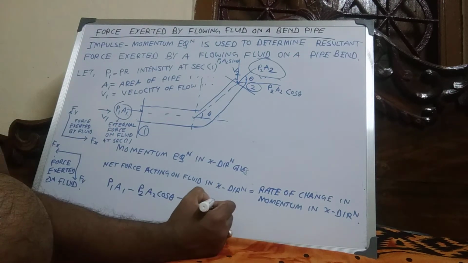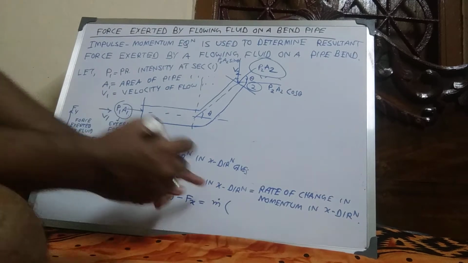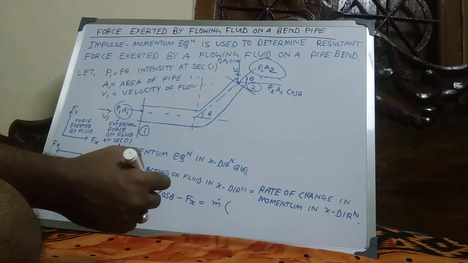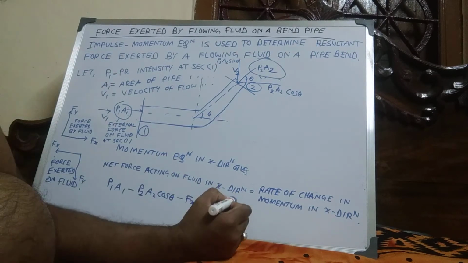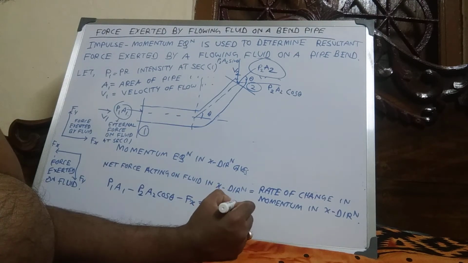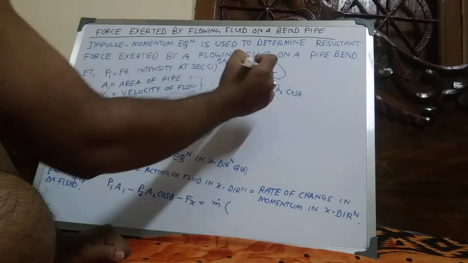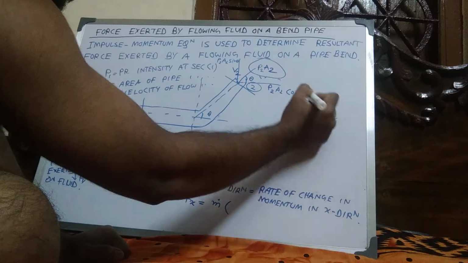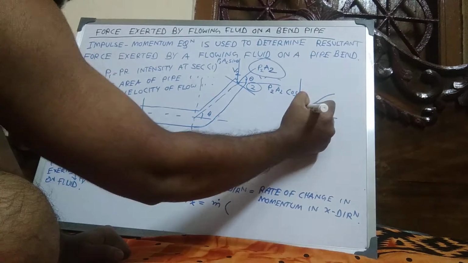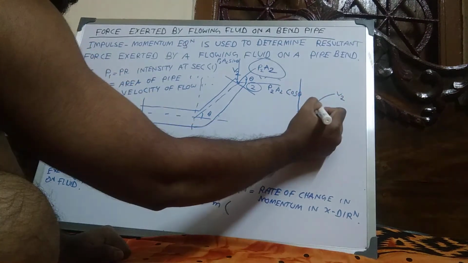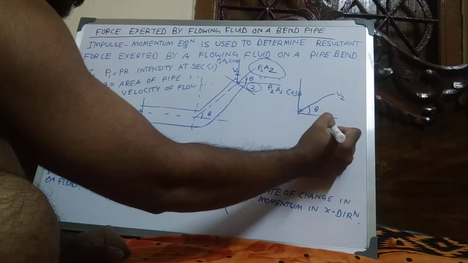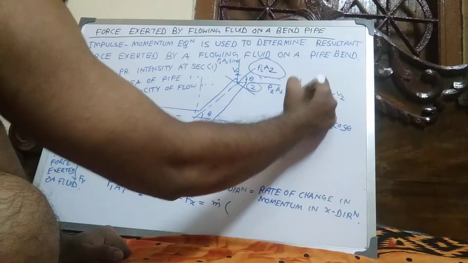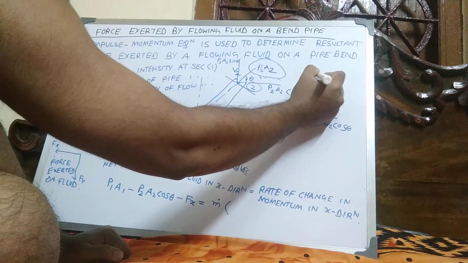So momentum, rate of change of momentum, mass into velocity, this is the mass flow rate, m into velocity. Suppose here velocity is in this inclined direction V2, suppose this is the velocity, this is the theta, so this is component V cos theta and V sin theta.